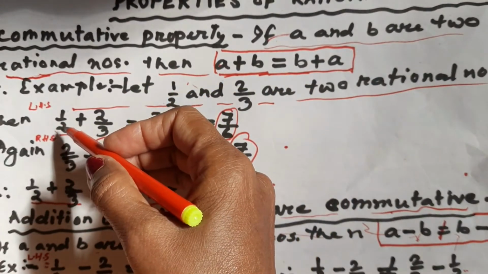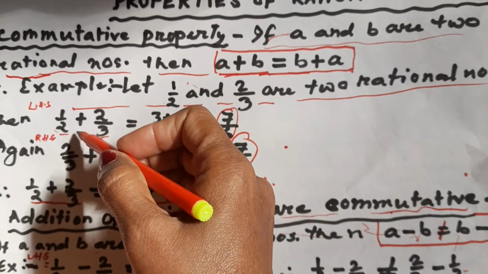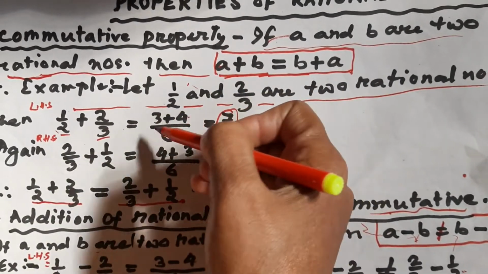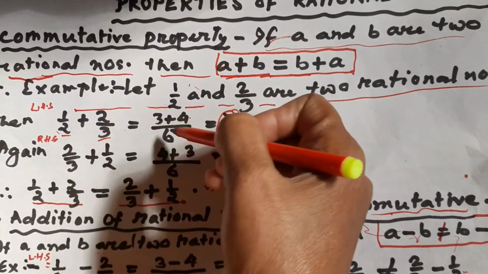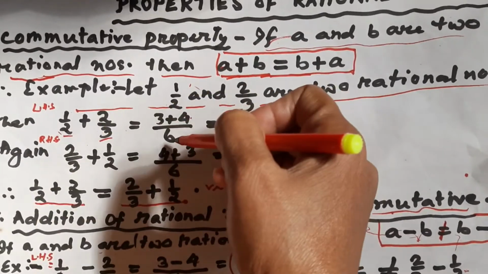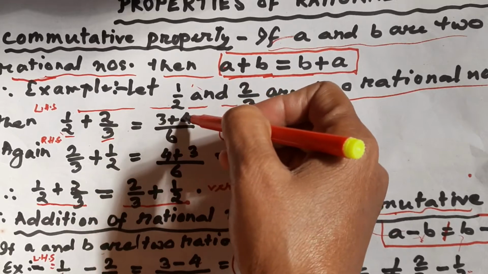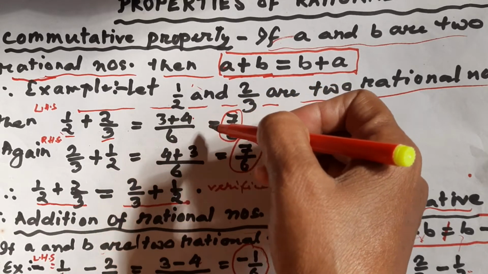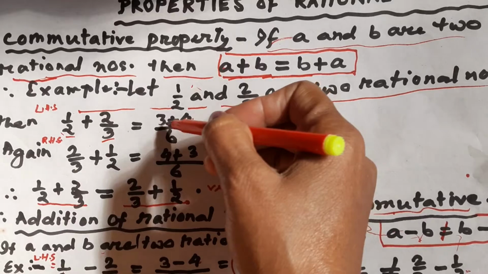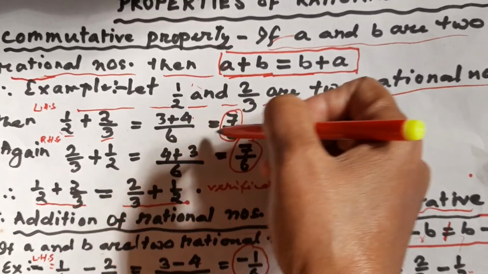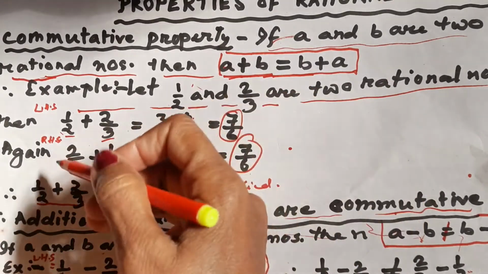Then a plus b will be half plus 2 by 3, and it will be equal to: 2 3s are 6, and 2 goes to 6 3 times, so 3 1s are 3, 3 goes to 6 2 times, so 2 2s are 4, and again 3 plus 4 equals 7, and the denominator is 6.